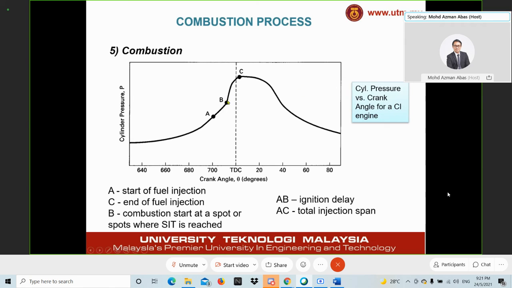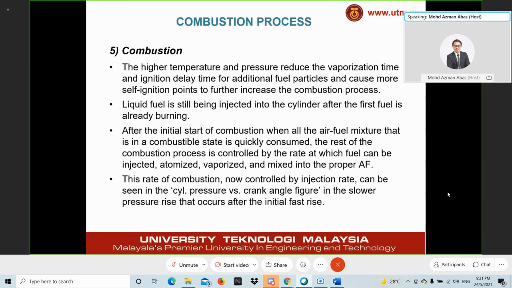You could notice that the rate of pressure rise significantly increases after B. A and B is what is called the ignition delay. A and C is the total fuel injection period. With combustion, the higher temperature and pressure reduce the vaporization time and ignition delay for additional fuel particles.